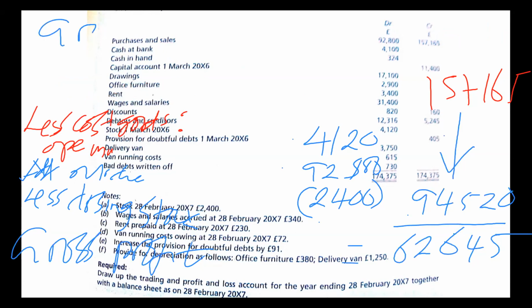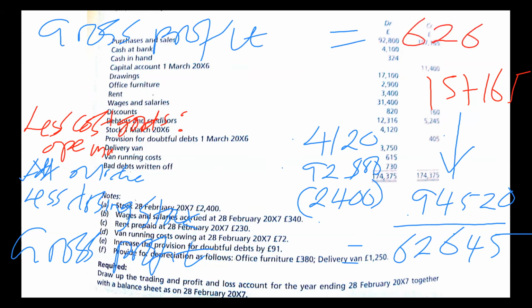So it will be gross profit. This gross profit that you have, which is 62,645. Then to the gross profit, you add the other incomes.